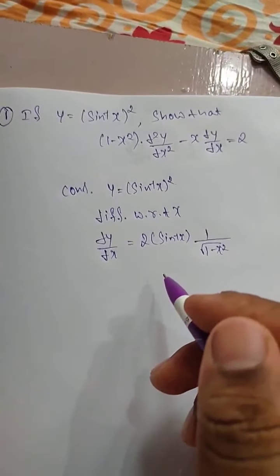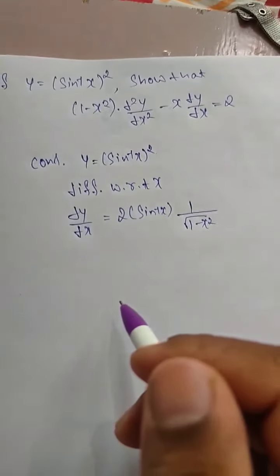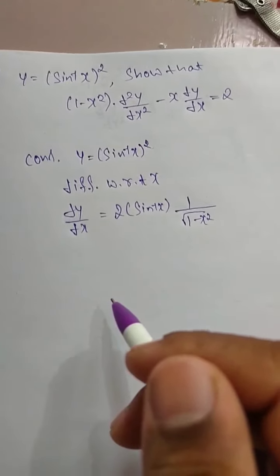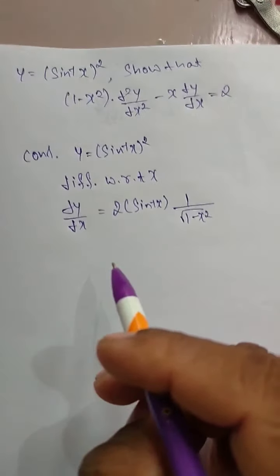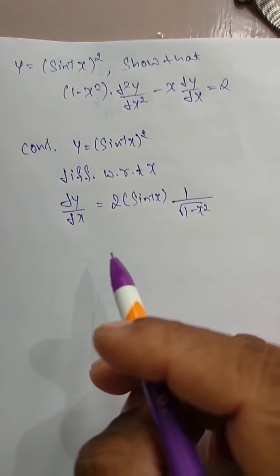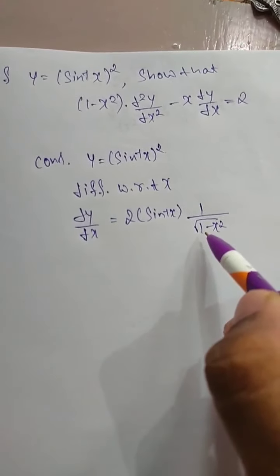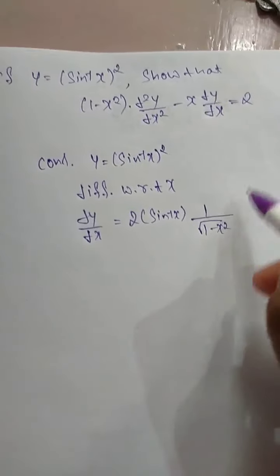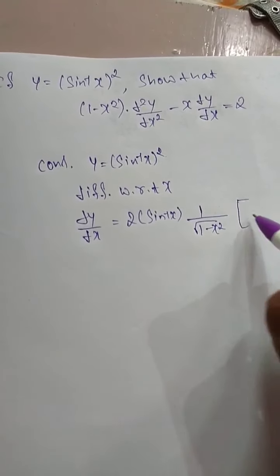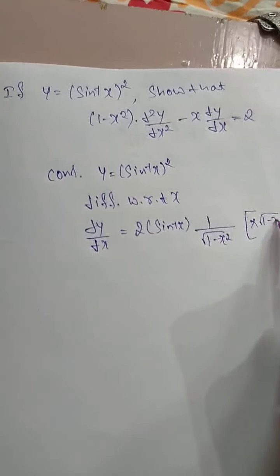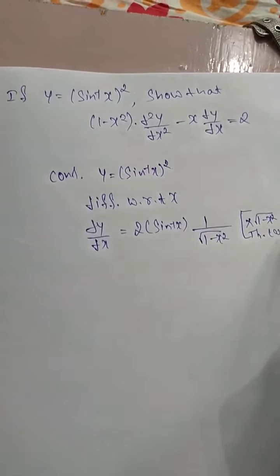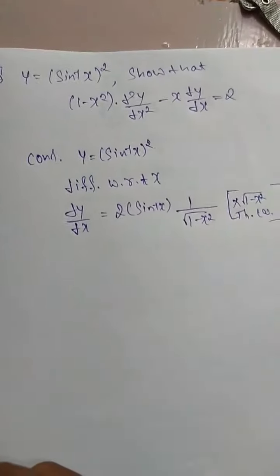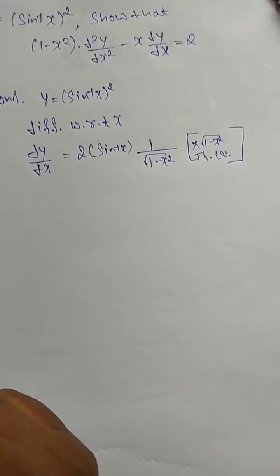Now you want to remember one point. If after the differentiation any term exists in the denominator, multiply that term throughout the equation. Here we have root of 1 minus x square in the denominator, so multiply root of 1 minus x square throughout the equation.